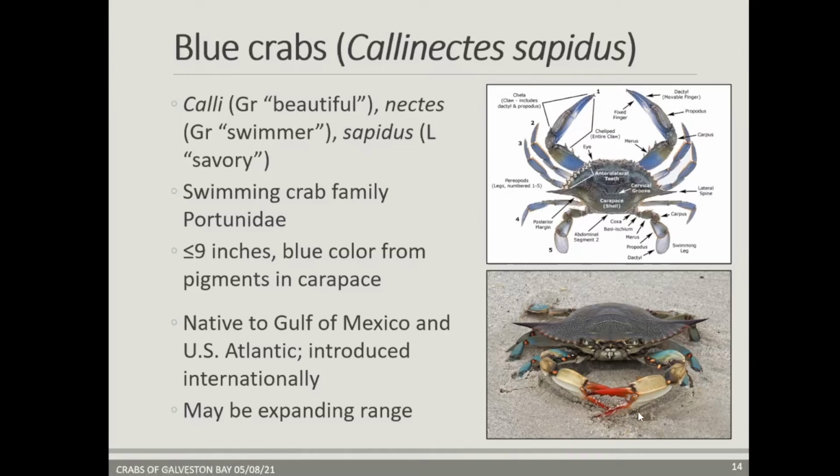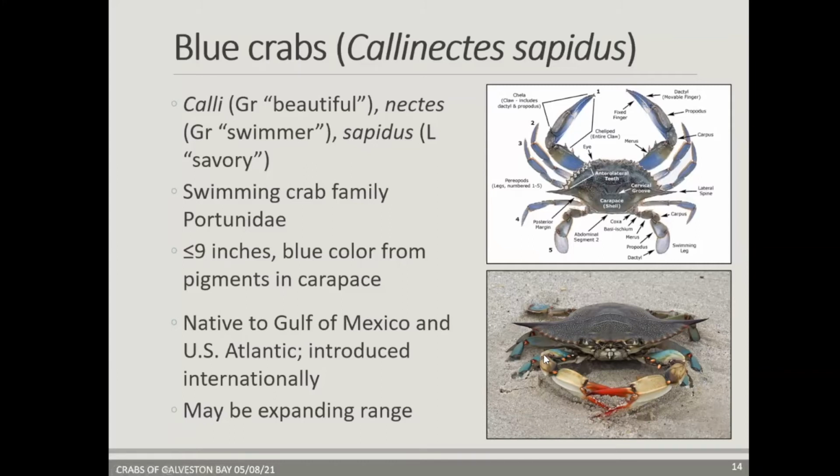I've read anecdotally that if they have red tips on their chela, they're females, and if they have blue tips, they're males. But I've never been able to confirm that because I've seen red tips on both. They are our largest Galveston Bay crab. They can be at least 9 inches from tip to tip on their cephalothorax.